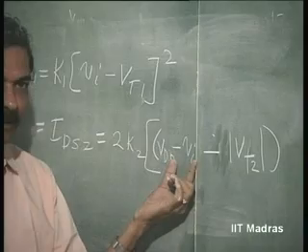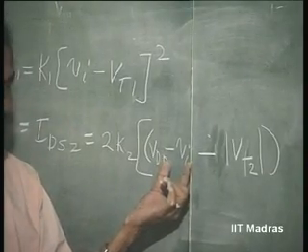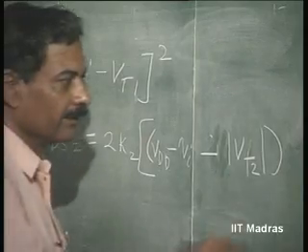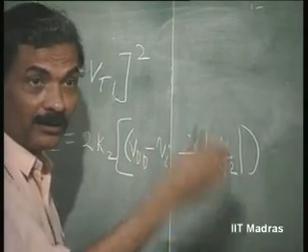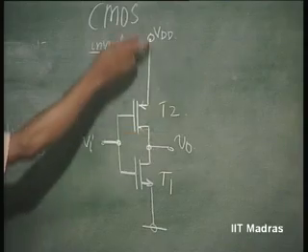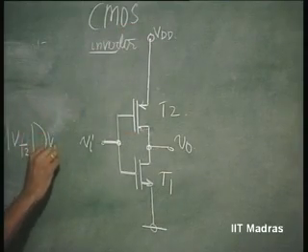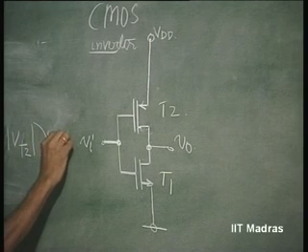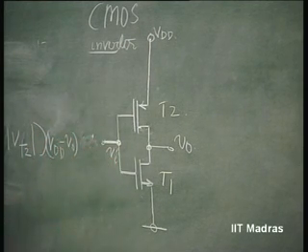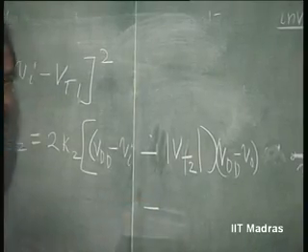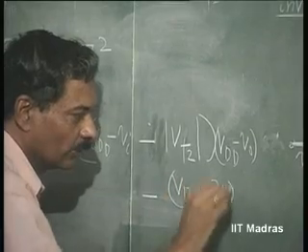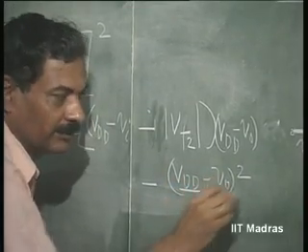VDD minus VI is the positive voltage, minus VT2, into what? VDS, again it is V0 into VDD, whereas we will put it as VDD minus V0, minus VDD minus V0 whole squared by 2.